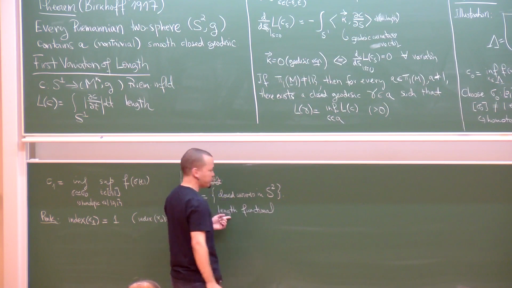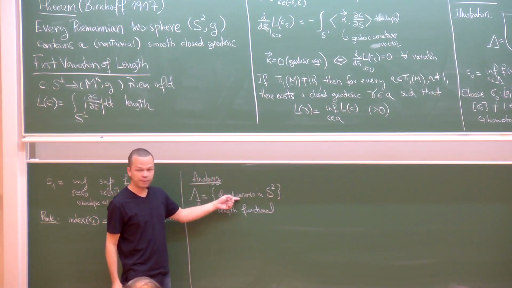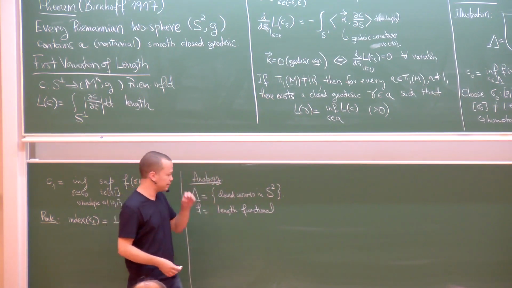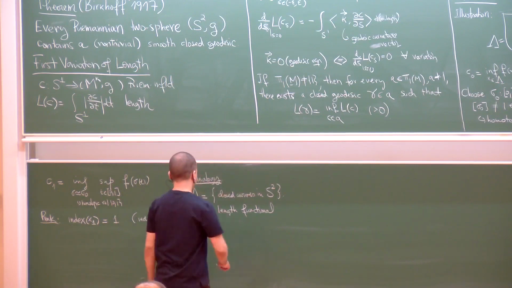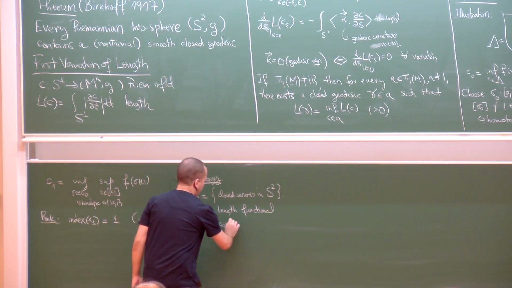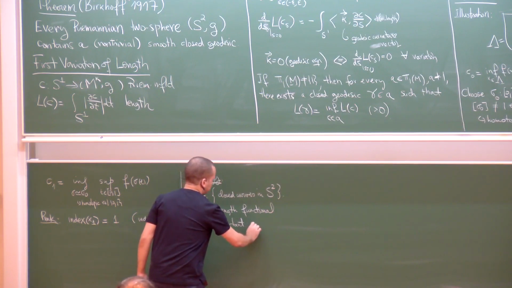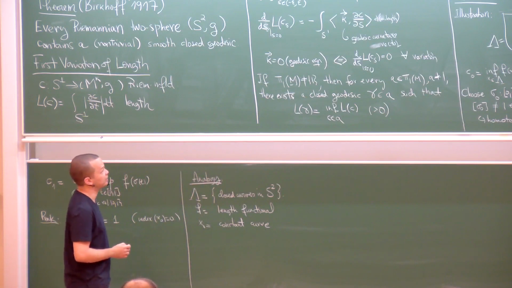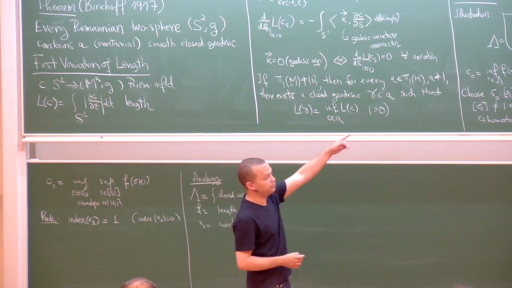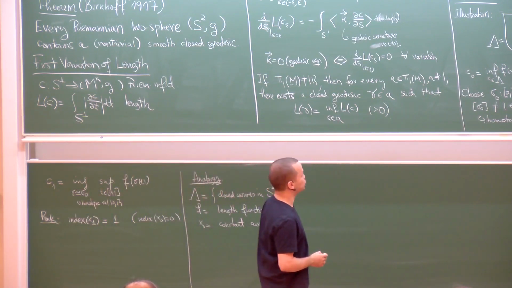Of course, critical points for the length functional in the space of closed curves are closed geodesics. And then x naught is the trivial critical point here, just the constant curve, which minimizes the length. And then x1 is going to be the non-trivial closed geodesic.